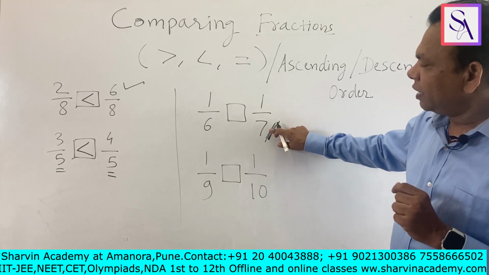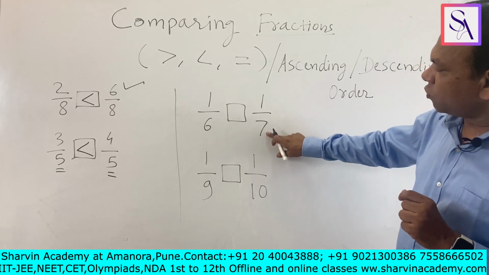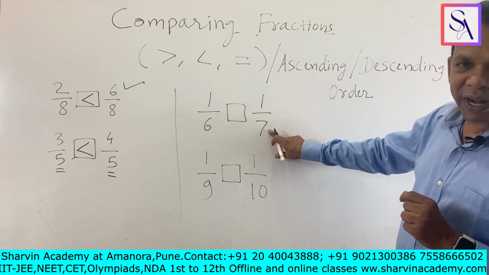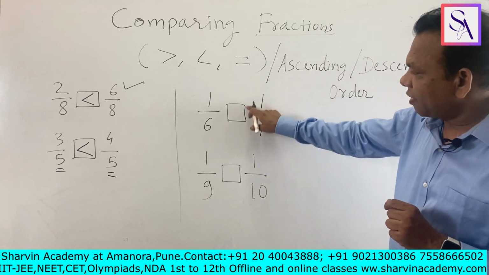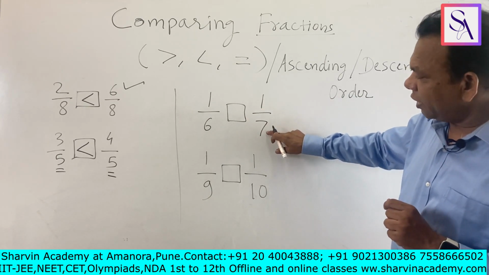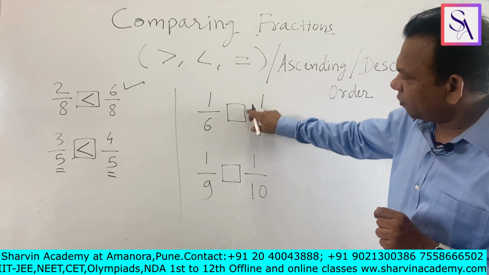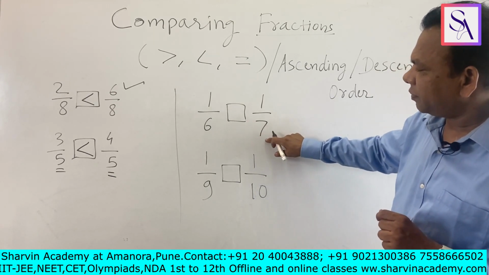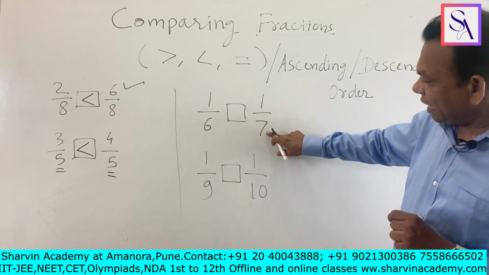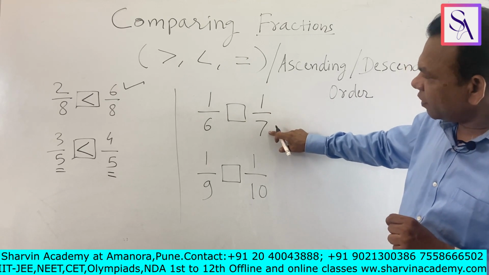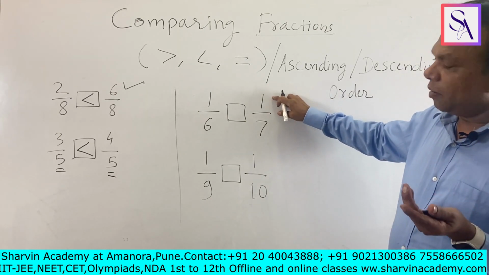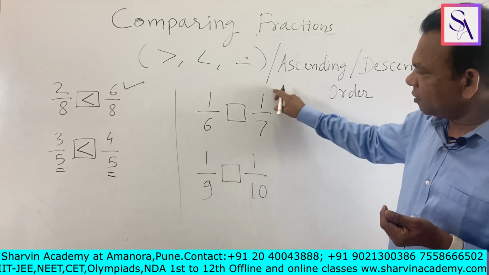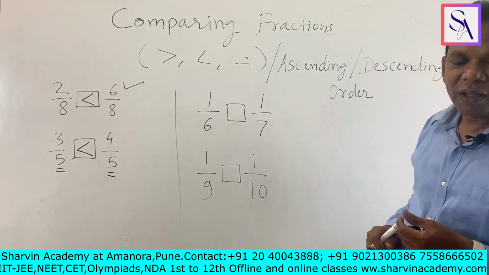Remember carefully, the fraction whose denominator is bigger or greater, this fraction is smaller. Though denominator is greater, the fraction is smaller. Why? Because denominator is greater, right. If numerator is greater, then definitely that is bigger, but if denominator is greater, then this fraction becomes smaller.